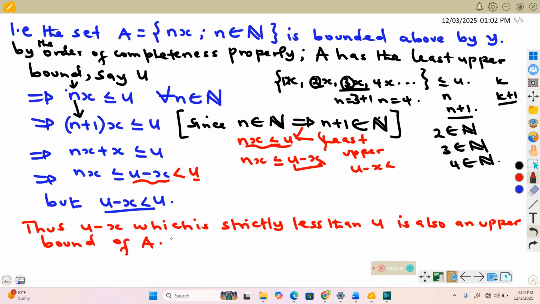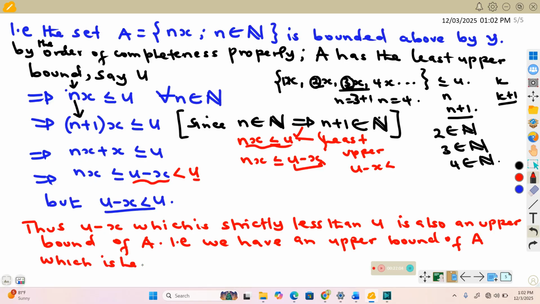It means we have an upper bound of a which is strictly less than the least upper bound.